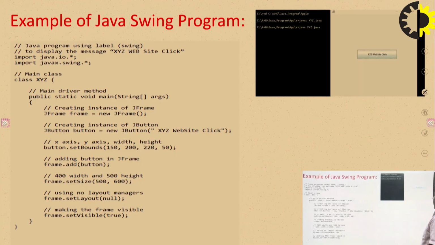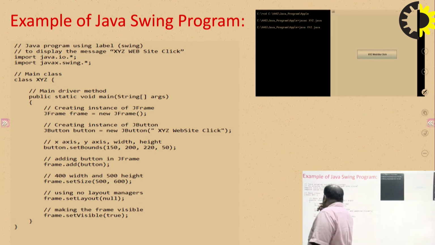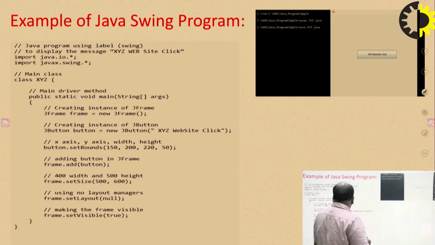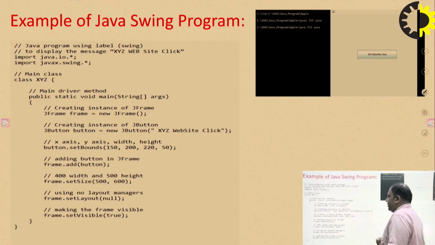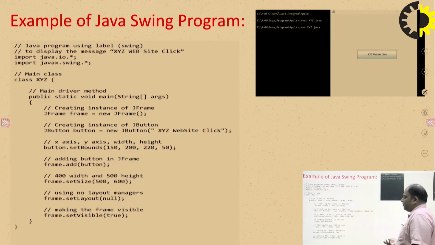Now we show another example in which we create a button using a Swing program. For creating a button, we also import a package, which is java.io. We do the same thing, import javax.swing. We create a class with the same public static void main, which I have also defined earlier in the unit 1 slides. Then a JFrame, the name of a frame.